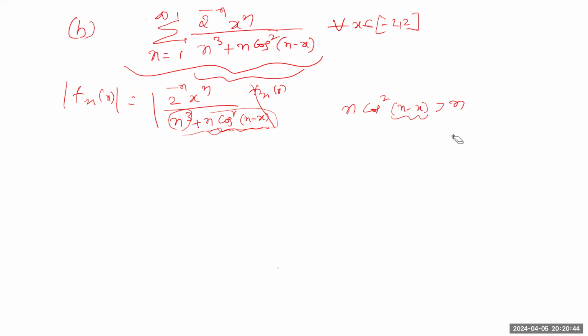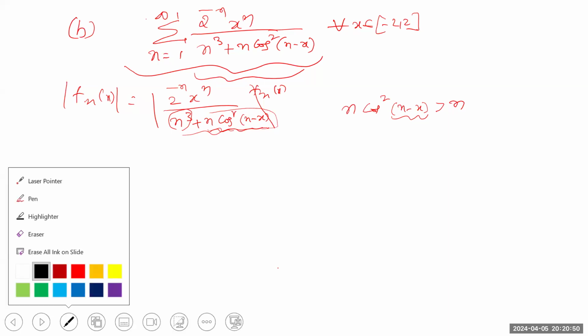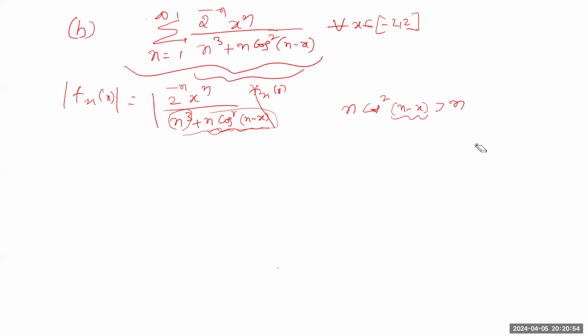right. So what is the range of cos theta? You can say the range of the values is -1 less than or equal to cos theta less than or equal to 1, whatever the theta.